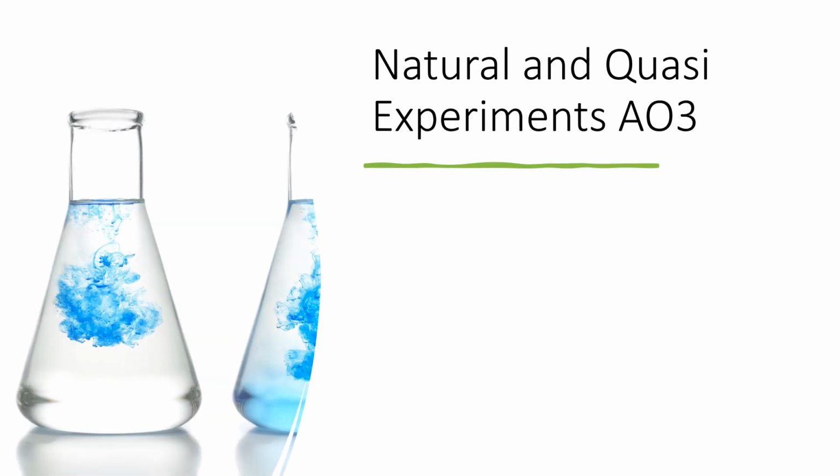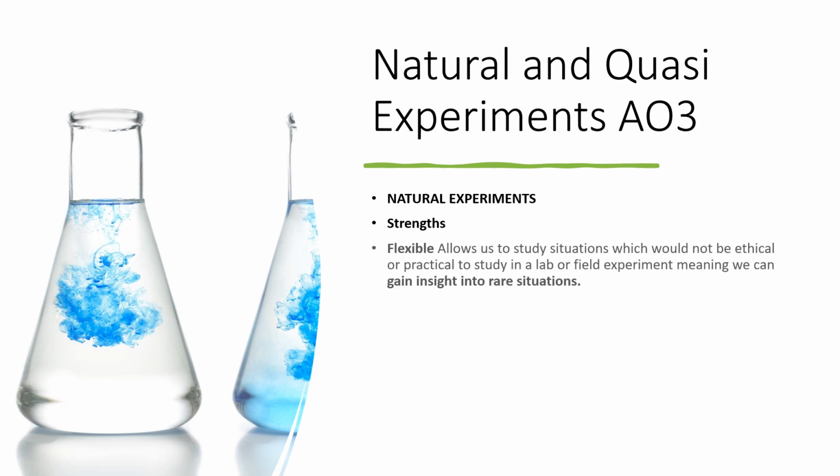And again, there are strengths and weaknesses here. As with the other types of experiment, it comes down to that trade-off between how natural the behaviour is and how much control. So you've got more natural behaviour here, and it allows you to study things that would be very difficult to study by manipulating them.